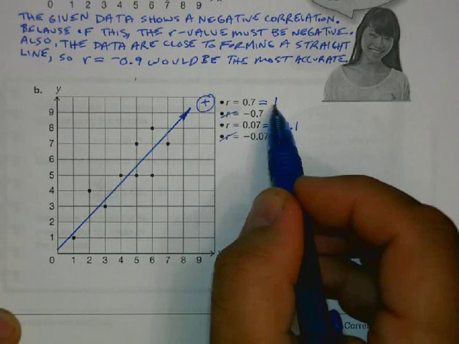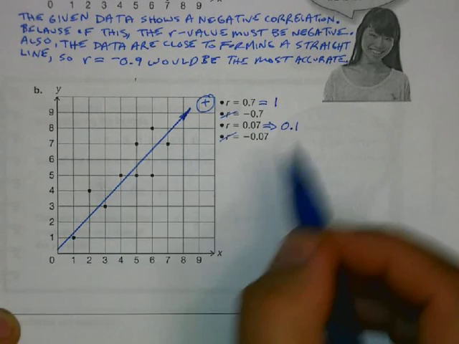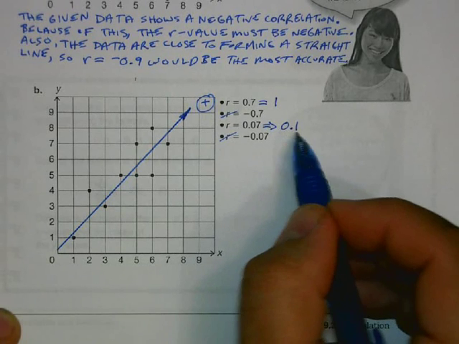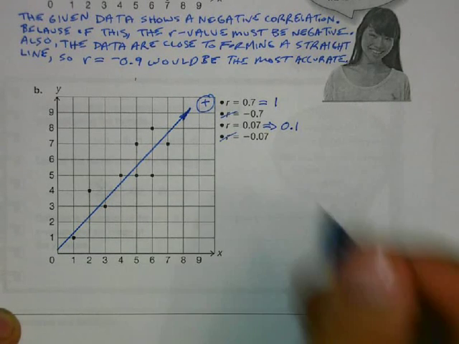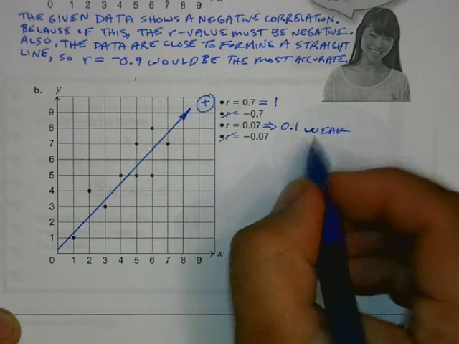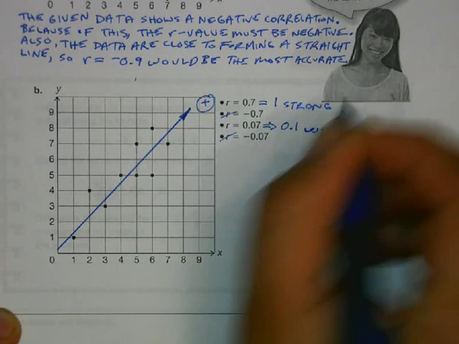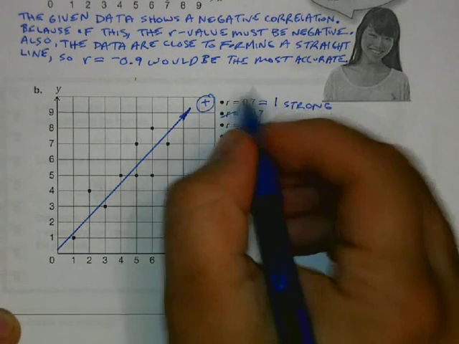And then let's go ahead and write out what we see here. Well, we see these given data.